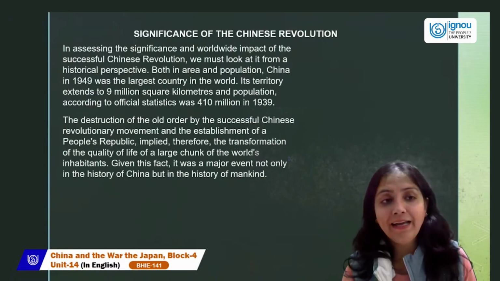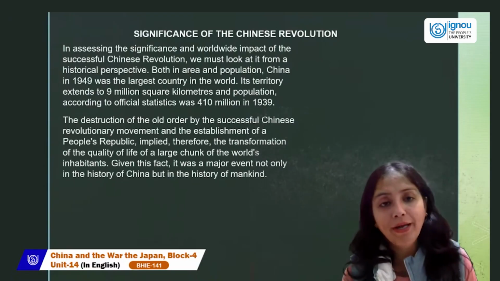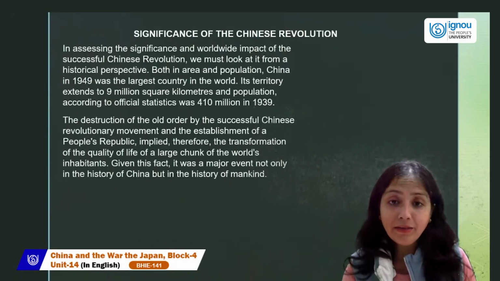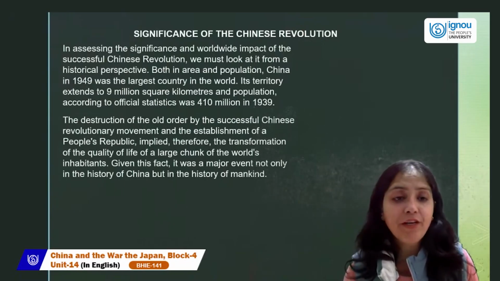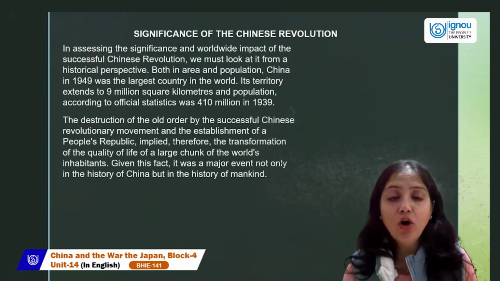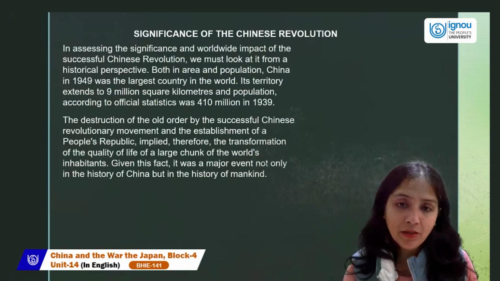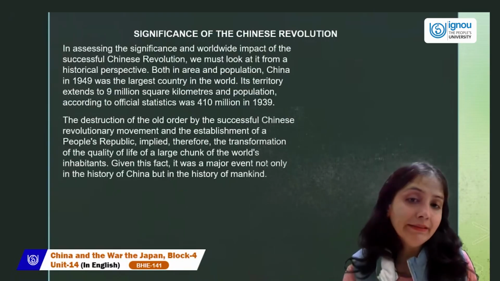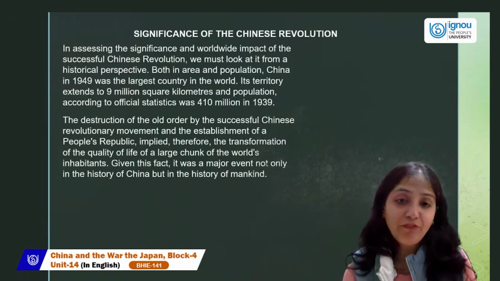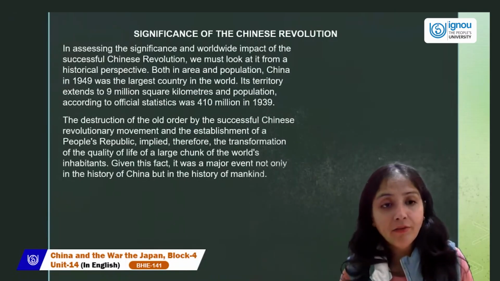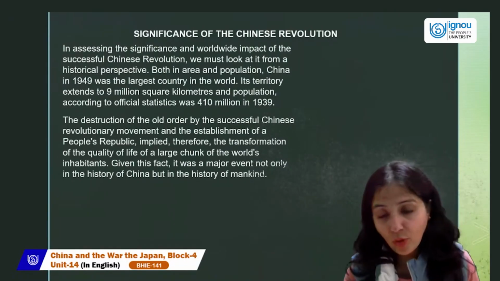Its territory extended to 9 million square kilometers, and the population, according to official statistics, was 410 million. We are talking about a population of 410 million at that time.